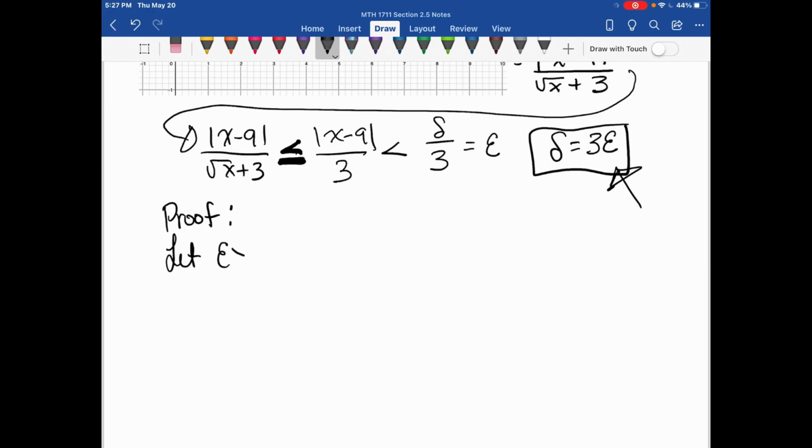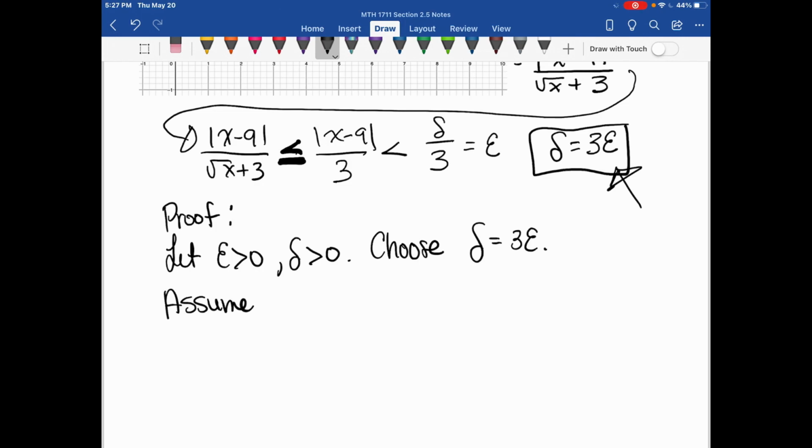So we're going to say, let epsilon be greater than 0 and delta be greater than 0. We're going to choose delta to be equal to 3 epsilon. We're going to assume that the absolute value of x minus 9 is less than delta.